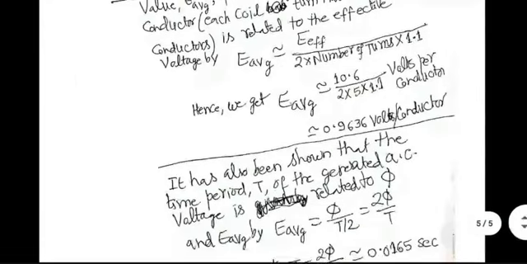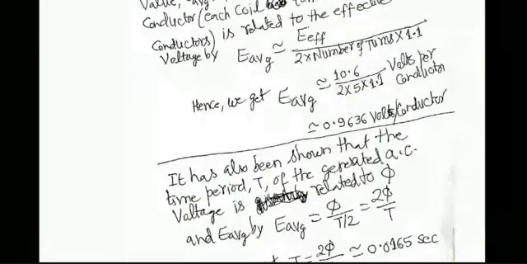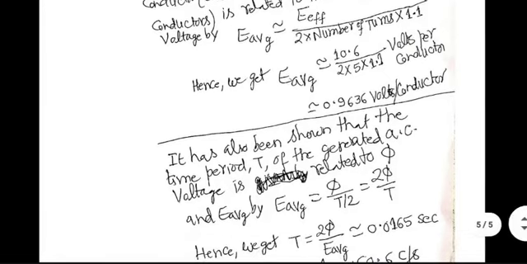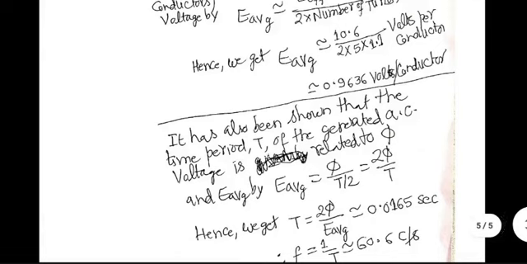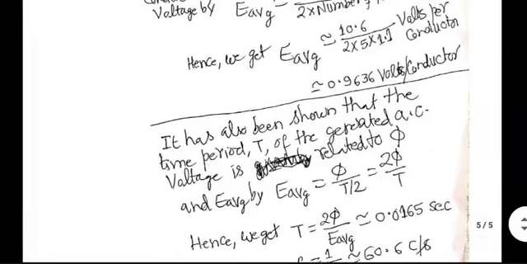Then another equation is there, that the time period of the signal that is generated is related to the flux per pole by this equation.